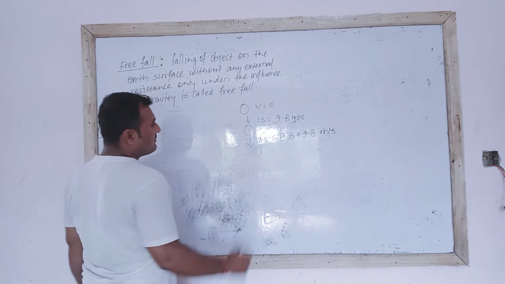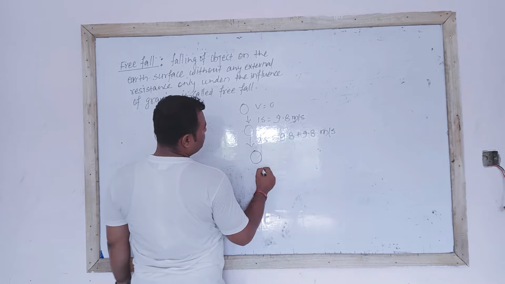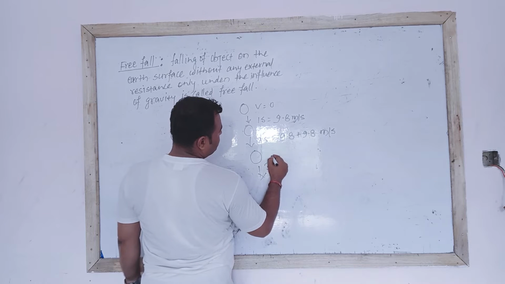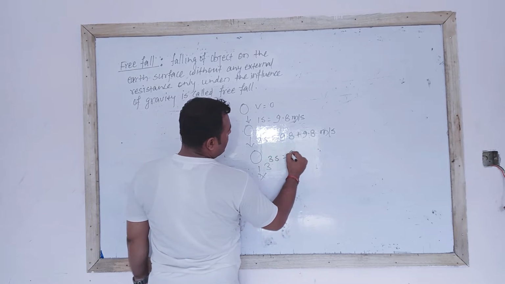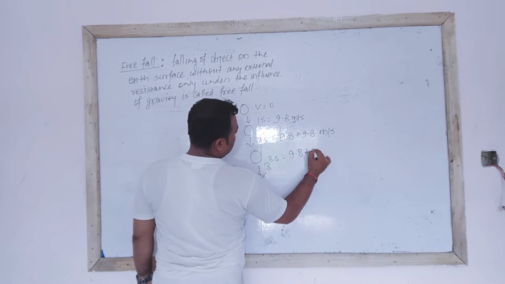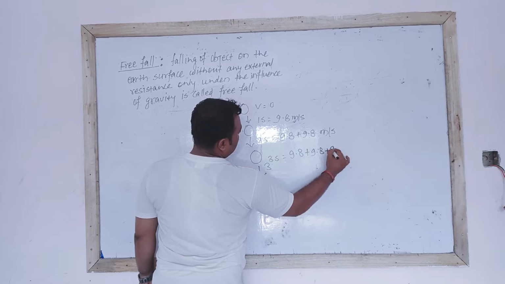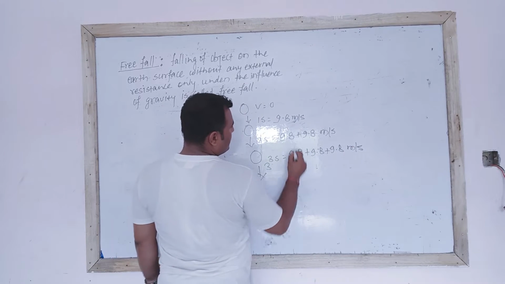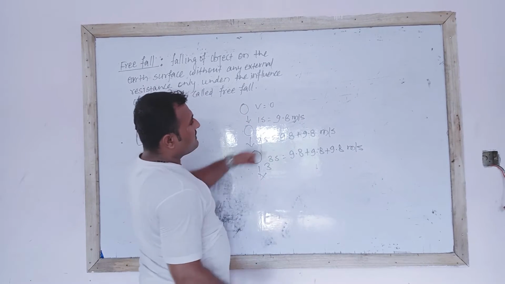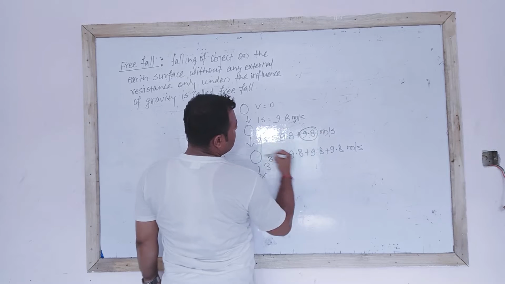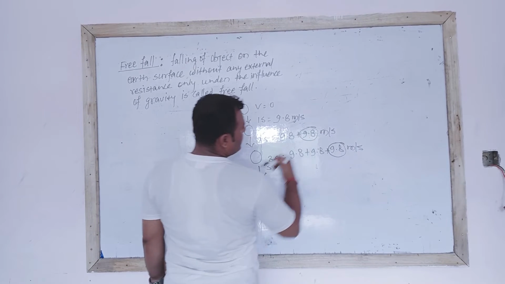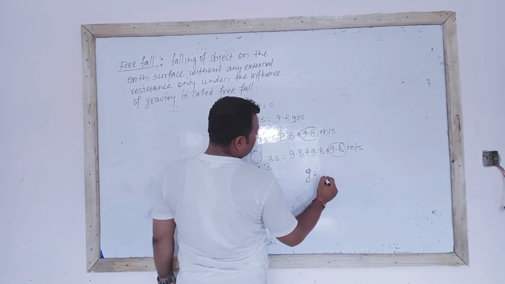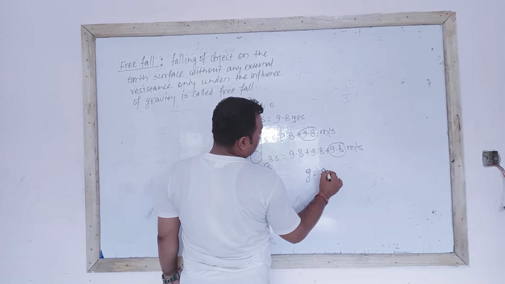Similarly, in the third second, 9.8 plus 9.8 plus 9.8 meter per second. So in every second its velocity increases by 9.8 meter per second, which is known as acceleration due to gravity of that object.